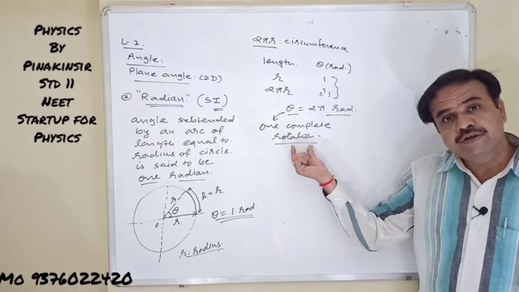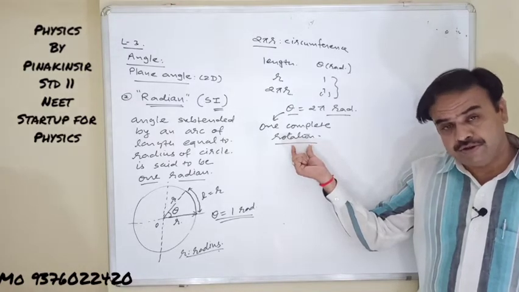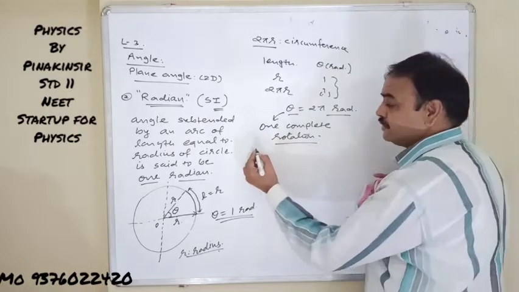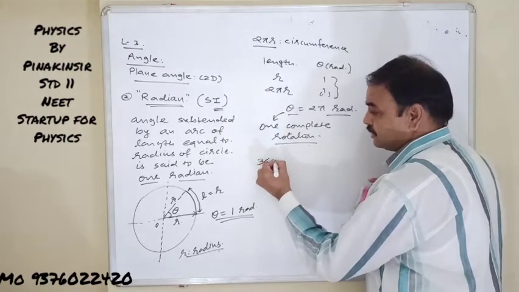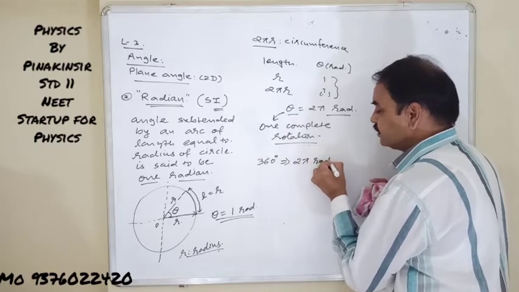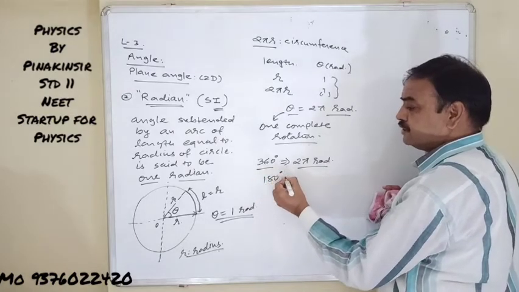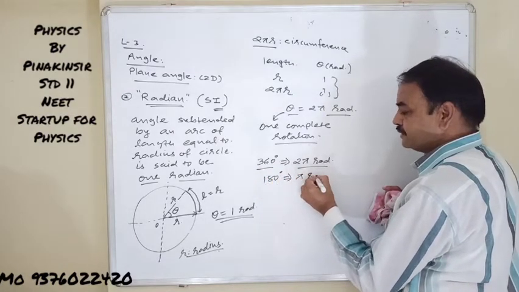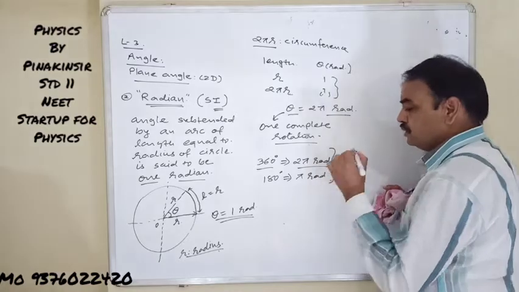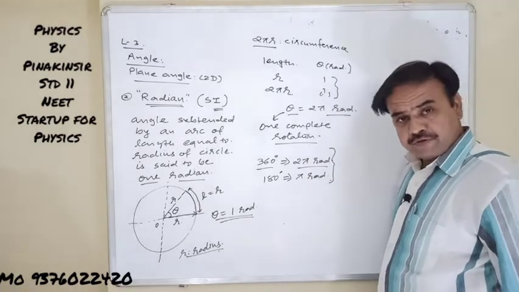Just we have said that for complete rotation in degree measurement, that particular angle is 360 degree. So directly we can say that 360 degree is equal to 2 pi radian. That is the conversion between two scales. Or we can say that 180 degree is equal to pi radian. You must have memorized this relation because frequently we will be using it.